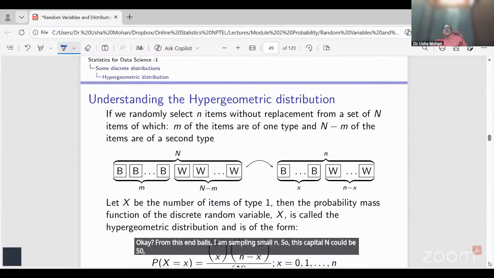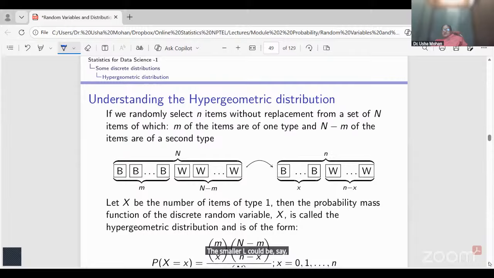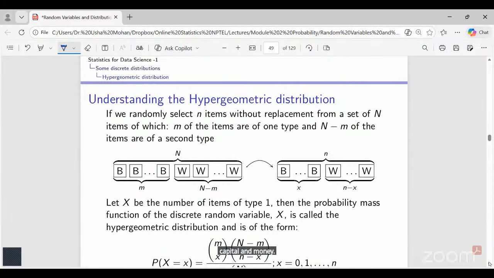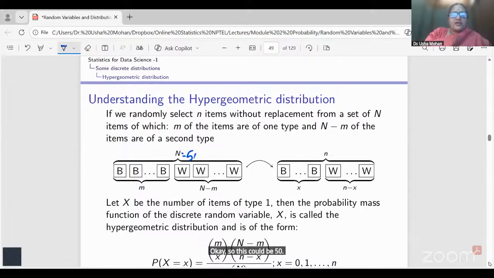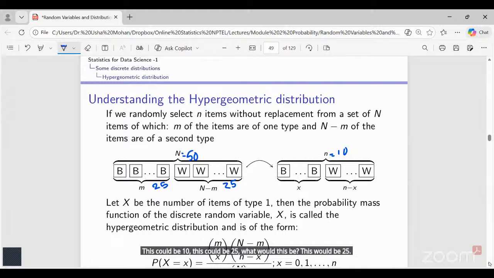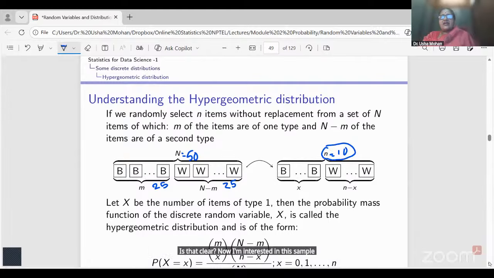The small n could be, say, 10. This could be 25. What would this be? This would be 25. Is that clear? Now I'm interested in this sample of size 10. How many black balls can be there? What are the possible values this X will take?